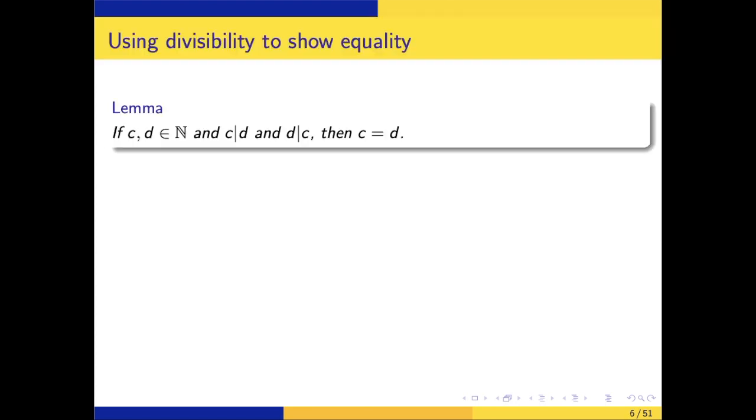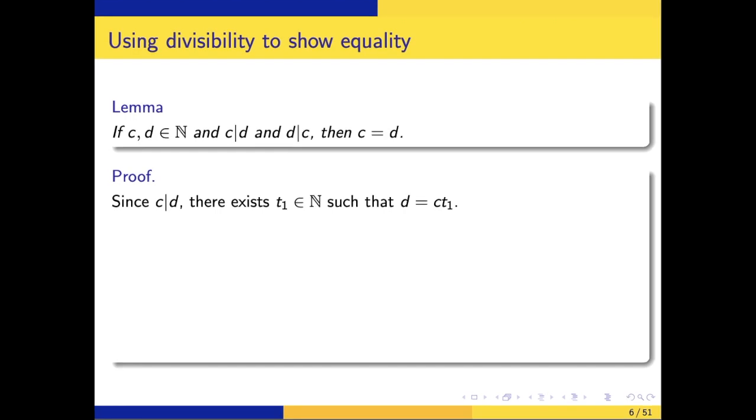We can use divisibility to show equality. Say we have two natural numbers c and d such that c divides d and d divides c. Then it follows that c = d. Since c divides d, there exists a natural number t1 such that d = ct1. And since d divides c, there exists a natural number t2 such that c = dt2.